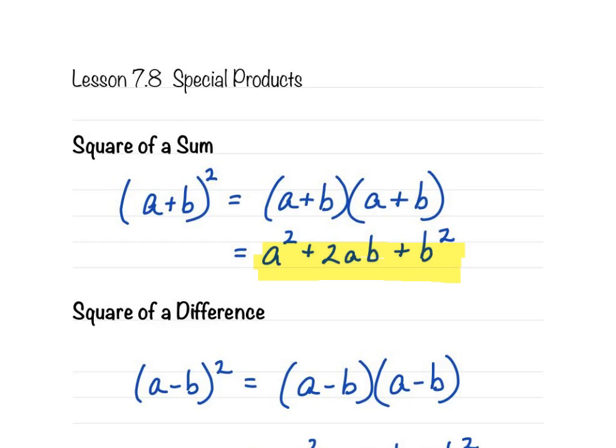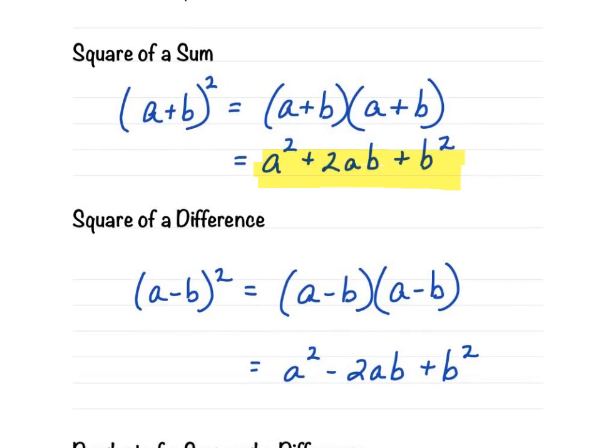Okay, the second special product that you need to memorize is the square of a difference. When we have a difference like a minus b squared, a minus b squared would be a minus b times a minus b. And the product follows a certain pattern, and you will memorize this pattern. The pattern is as follows.